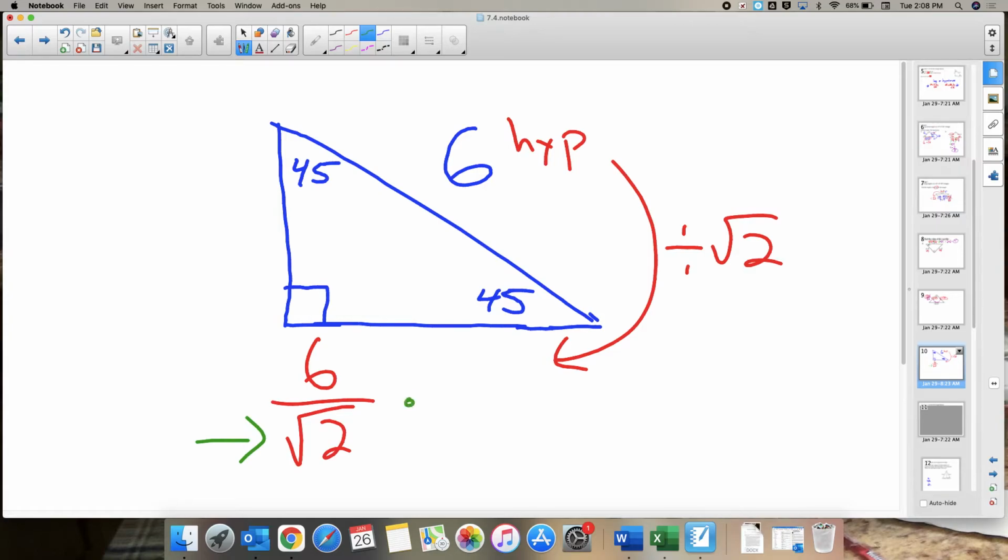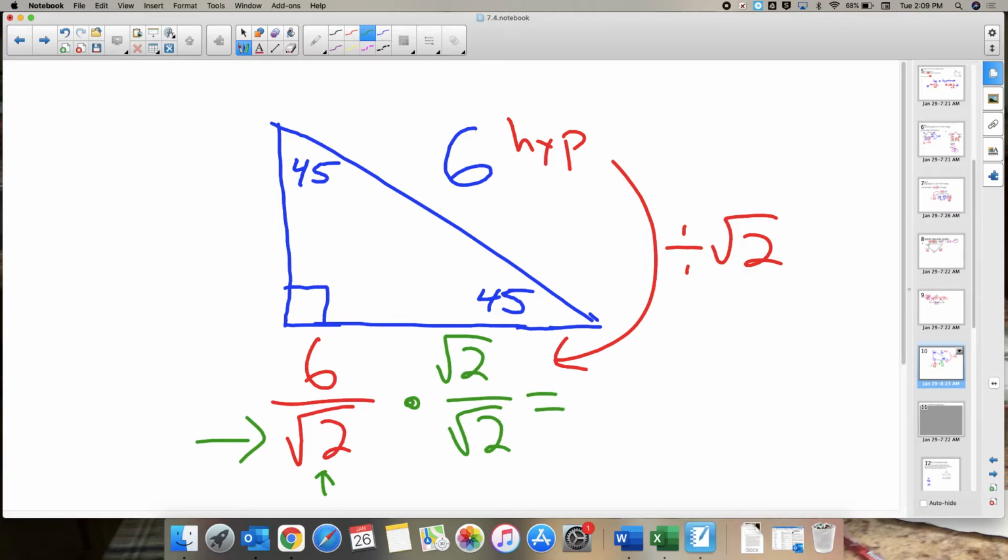The way to get rid of it is we multiply the top and the bottom of our fraction by whatever's down here. If it was the square root of 5 down there, I'd multiply the top and the bottom by the square root of 5. If it's the square root of 3 down there, I multiply the top and the bottom by the square root of 3. Here it's the square root of 2.